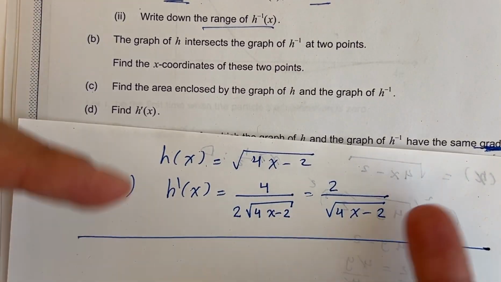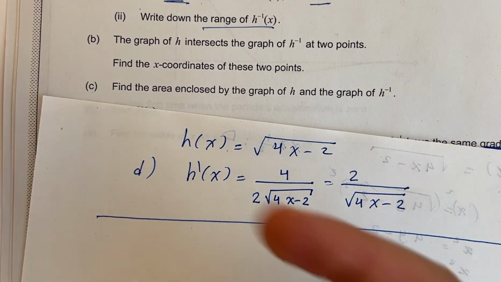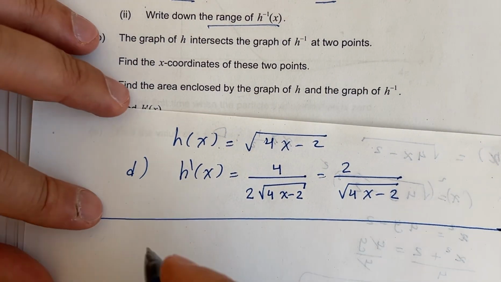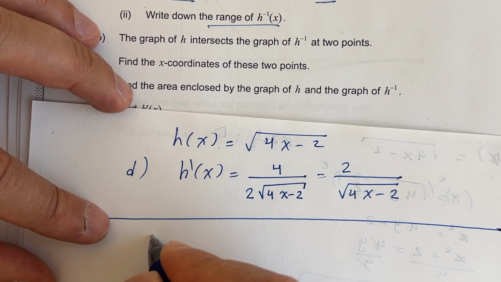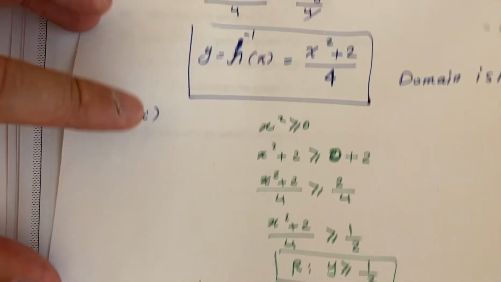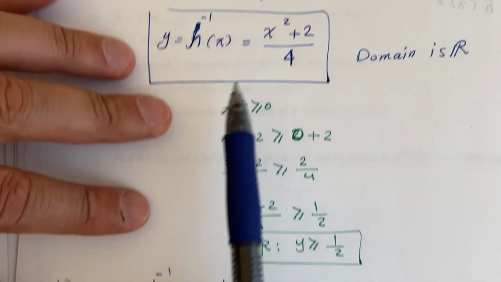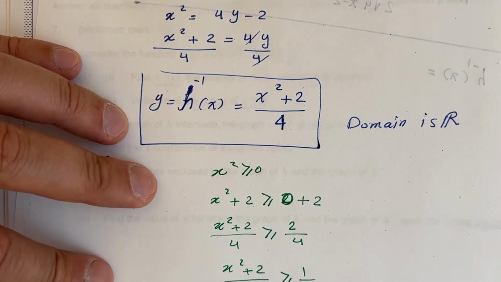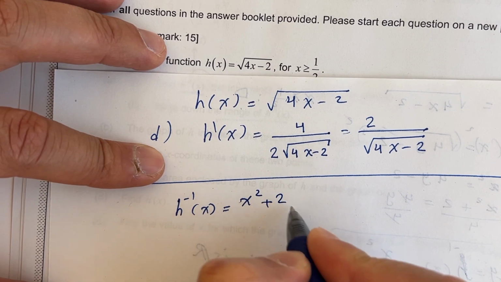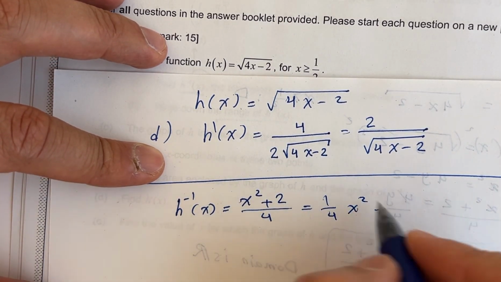So you need to make the derivative of h equal the derivative of the inverse. h inverse was x squared plus 2 over 4, which is 1/4 x squared plus 2 divided by 4 is 1/2.